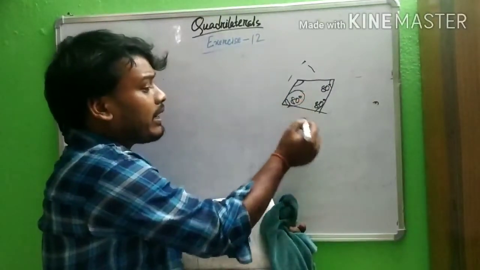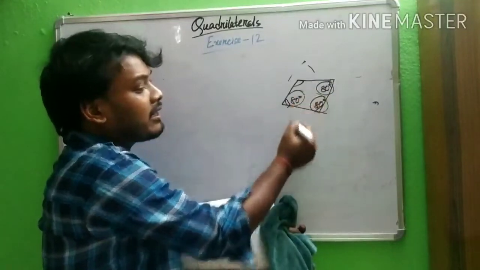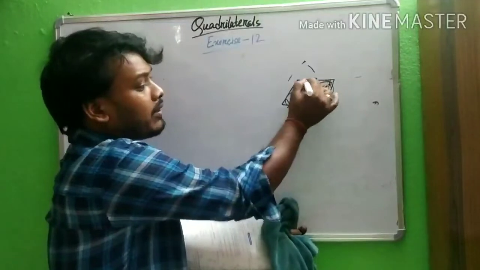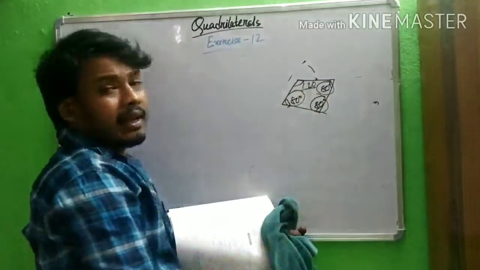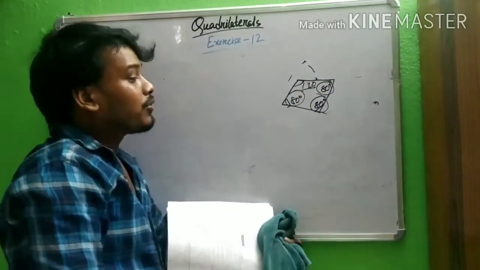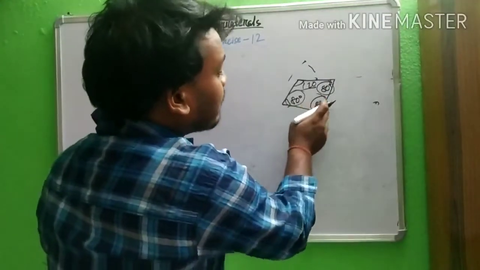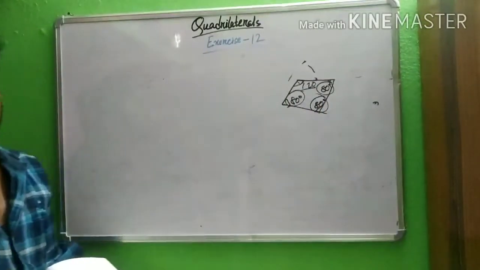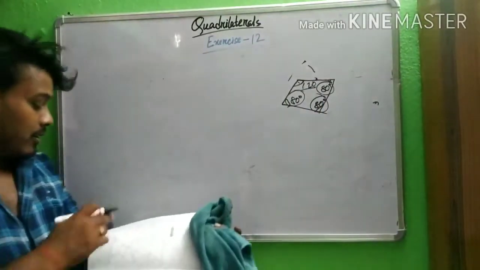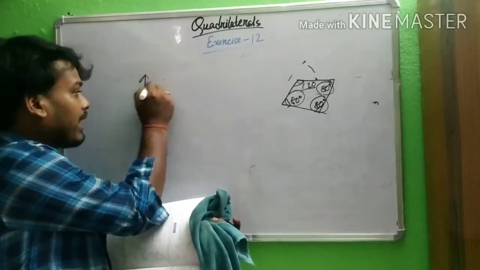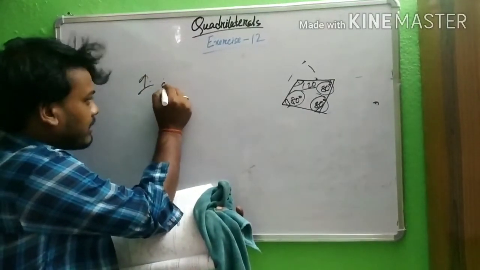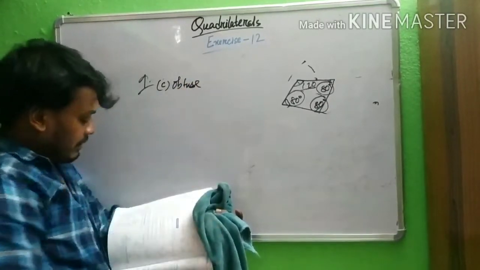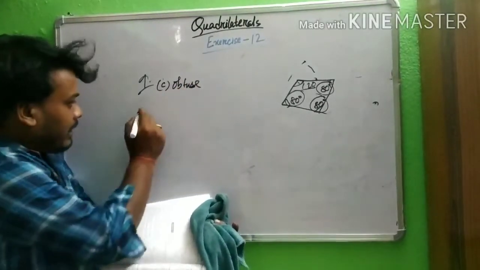So here also 10 degrees less, 10 degrees less, 10 degrees less, so it is 120. It is an obtuse angle. So if the other three are acute angles, then the fourth angle must be an obtuse angle. So MCQ 9 answer is C, obtuse angle. Next, number 10, very easy.